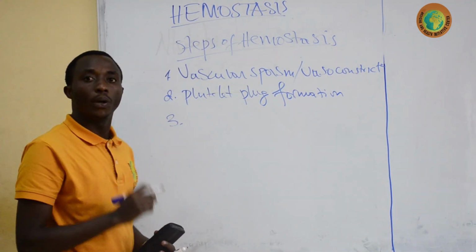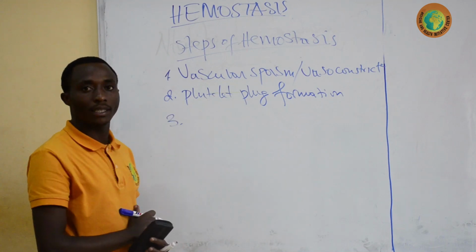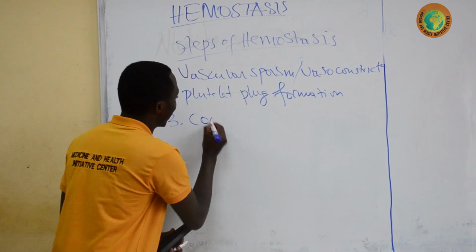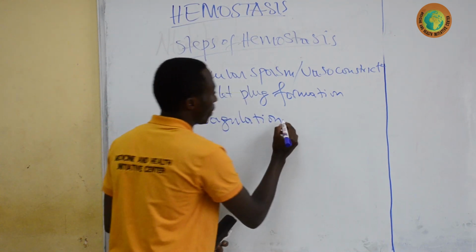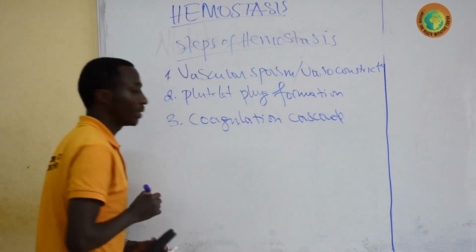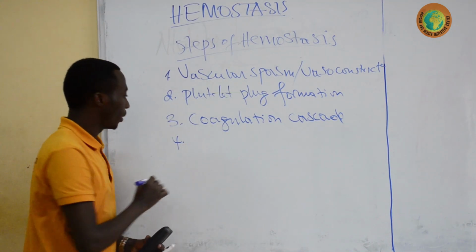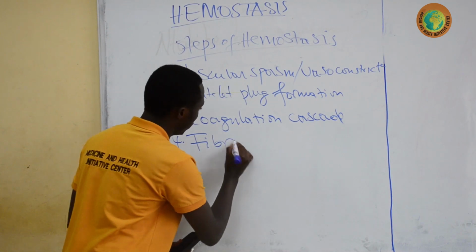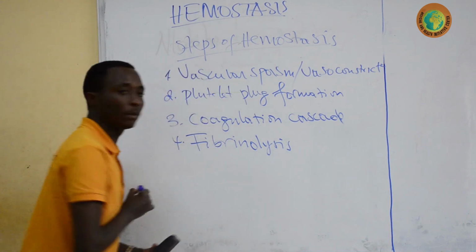Third, we said that the third step of hemostasis is the coagulation cascade. The last, we look a little bit at the degradation of fibrin, which is fibrinolysis.